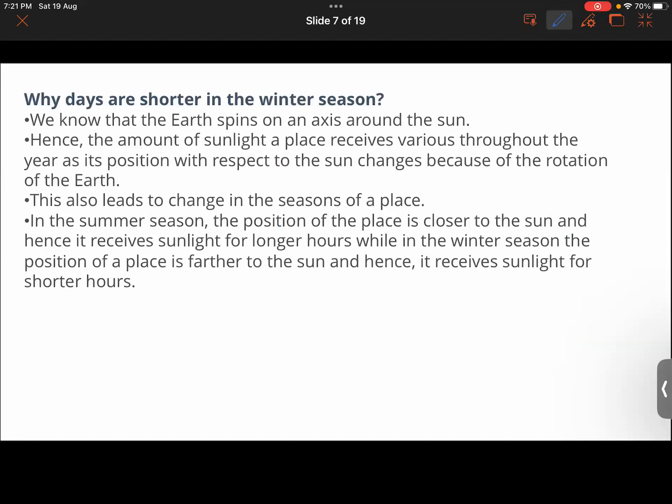An interesting question here is: why are days shorter in the winter season? Does anyone have any idea about this? Why is it so that days are shorter? Like the sun is not there for much time.